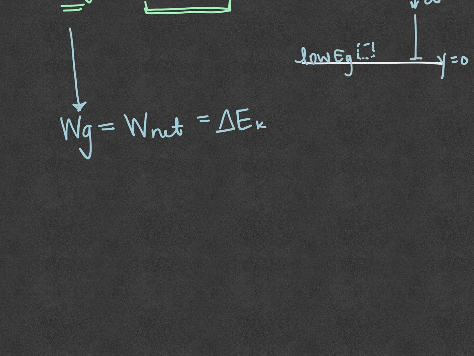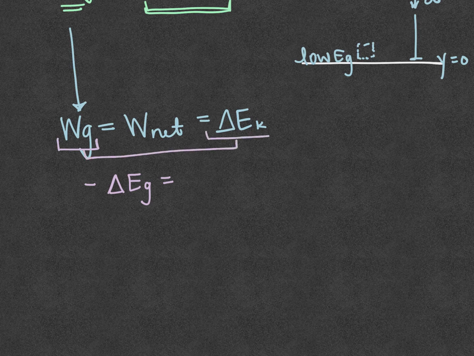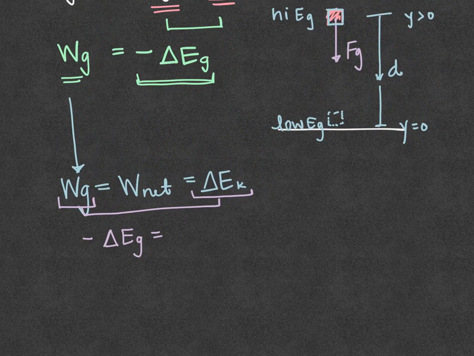In terms of energy, the work done by the gravitational force is the negative change in gravitational energy, which is then equal to our change in kinetic energy.